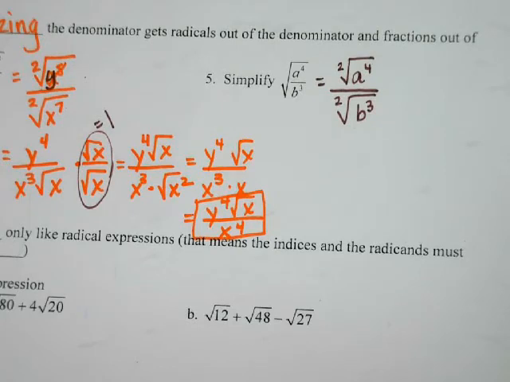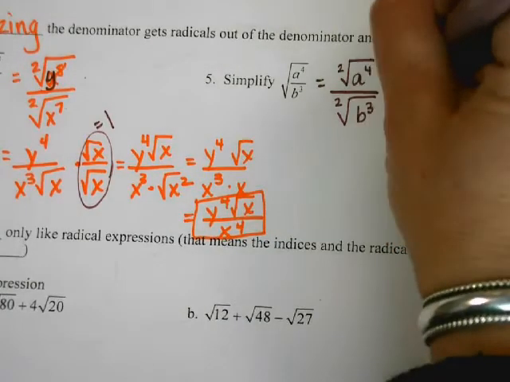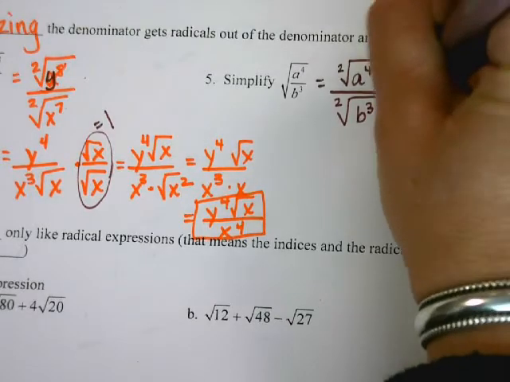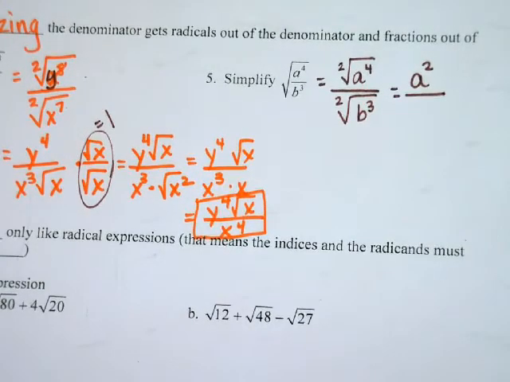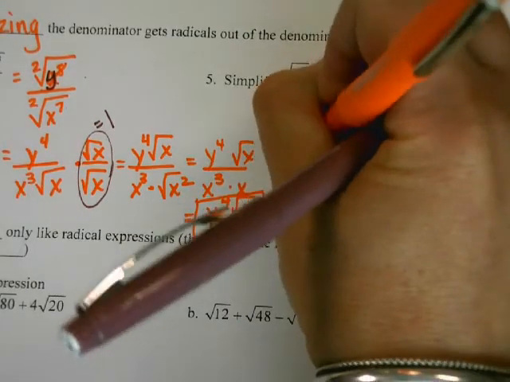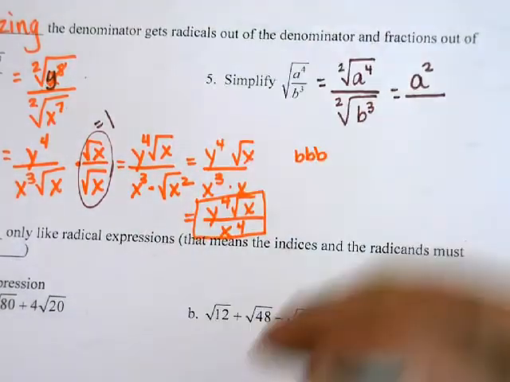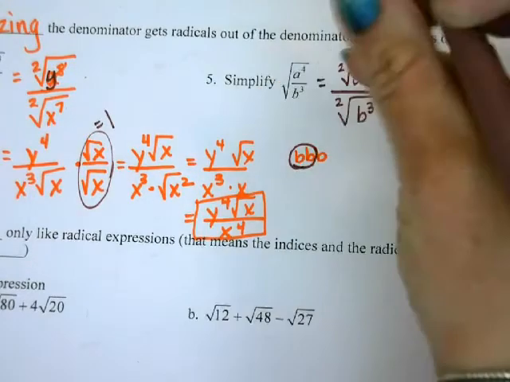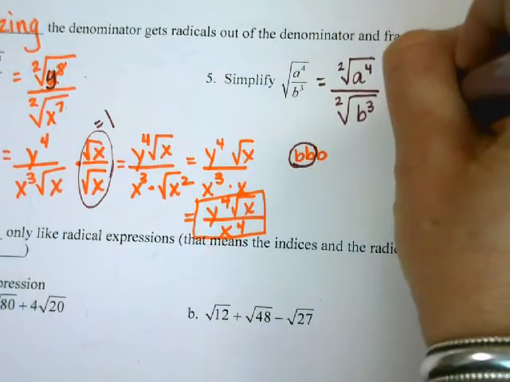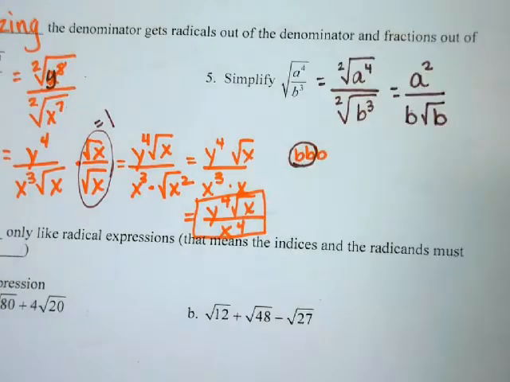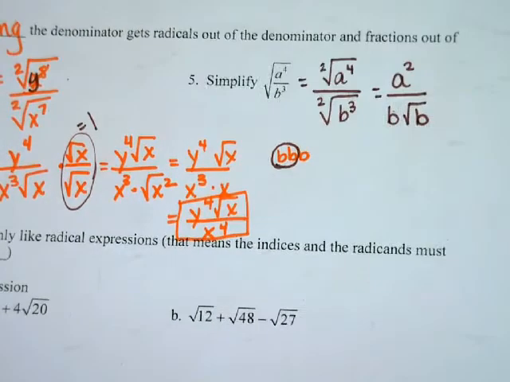What's the square root of a to the 4th? A squared. And now I have 3 b's on the bottom. So one group of b's comes out, one b has to stay. B root b.